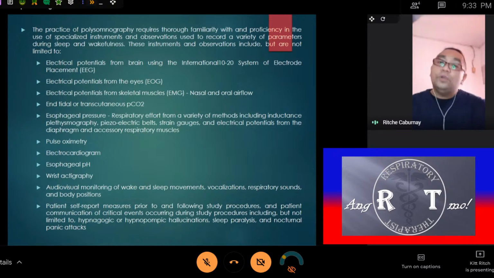You also need to report measures of what is happening to your patients prior to and following study procedures. And of course, you need to communicate with your patients about critical events occurring during study procedures, including but not limited to hypnagogic or hypnopompic hallucinations, sleep paralysis, and nocturnal panic attacks.